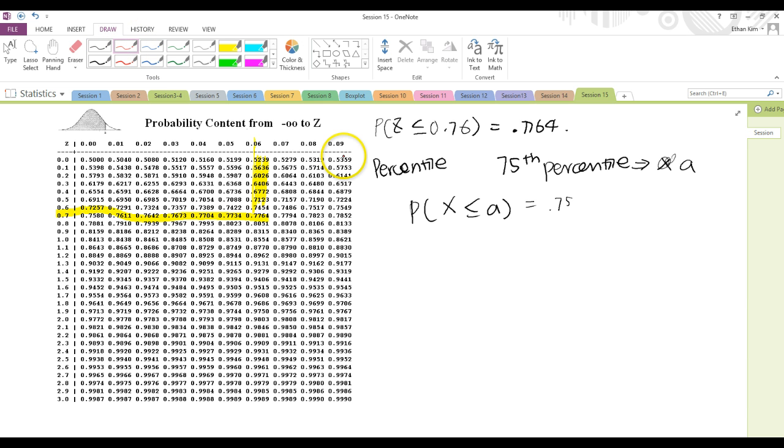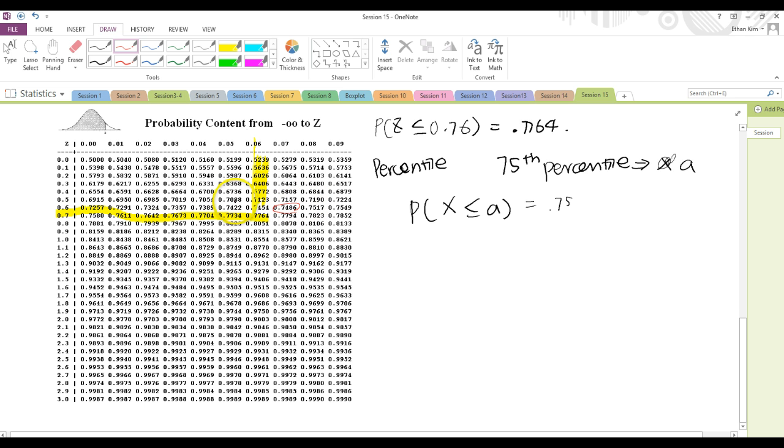We can look at the flip side when we have the probability, right? So we can try to look for 0.75 as close as possible, and I would say it's somewhere here. It might be right in between.